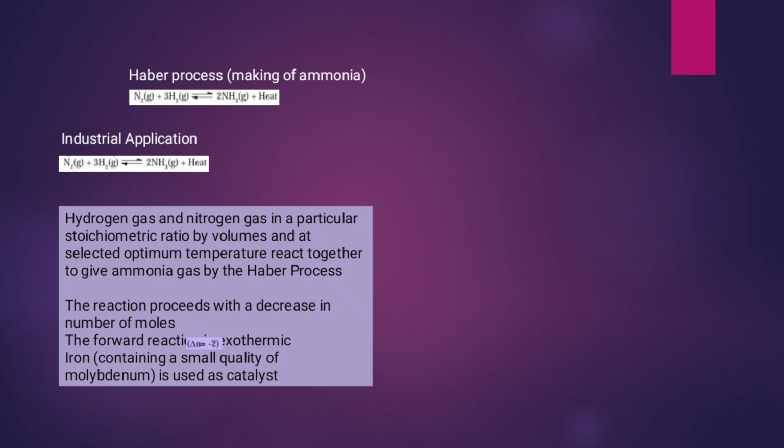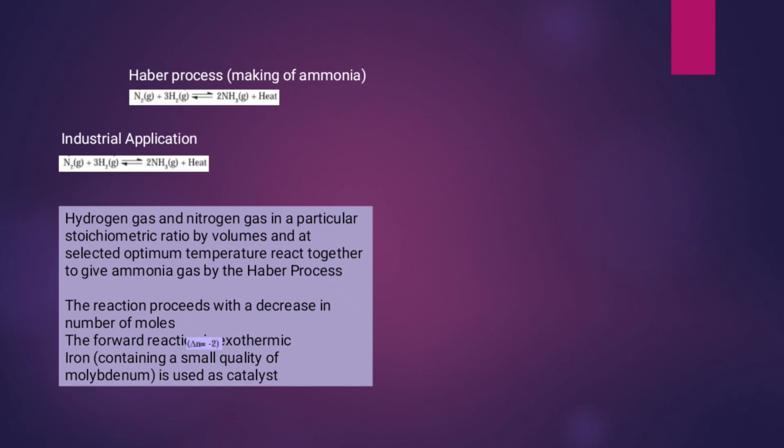Now here N2 and H2 in 1:3 ratio by volume react at a temperature of 450 degrees Celsius and 200 atmosphere, with iron as a catalyst, giving you ammonia gas, which is cooled to get ammonia in the liquid state.